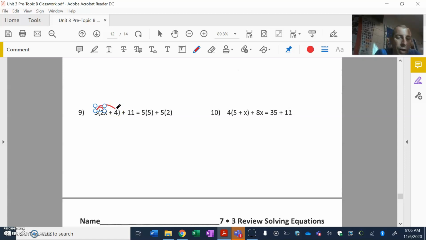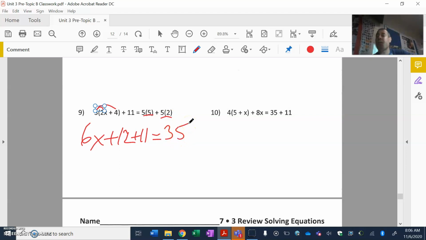So 3 times 2x is 6x, and 3 times 4 is 12. The 11 is not inside there, so it just comes on down. On the right-hand side, these are just numbers, so follow your order of operations. Let's knock out the multiplication first. 5 times 5 is 25, and 5 times 2 is 10. Add them together and we get 35. Mental math is fine, people. It's encouraged. Combine some steps. We're at that stage of the game where it's okay.